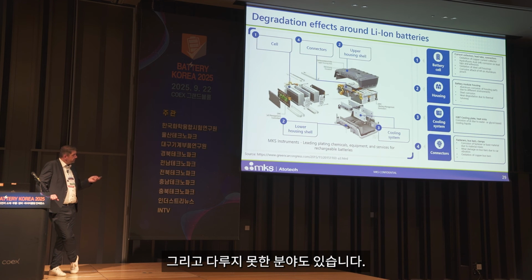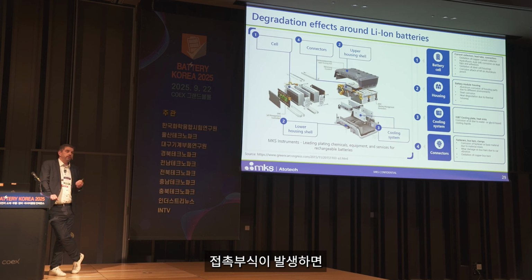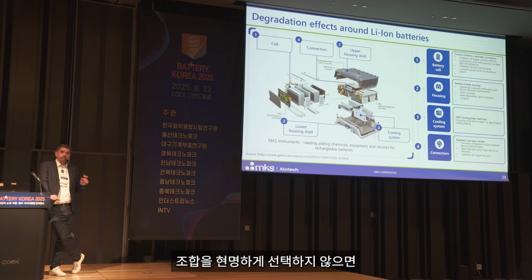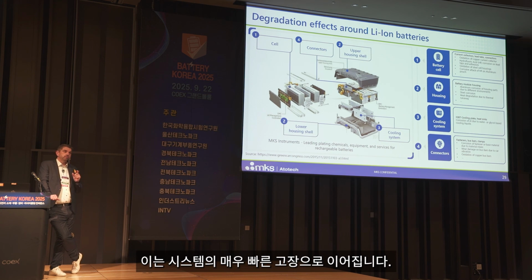And there are other fields I didn't touch. Oh yes, we also had the fasteners, the connections. If you mix different materials with each other and don't choose the combinations wisely, you will have so-called contact corrosion, which will lead to a very quick failure in your systems.